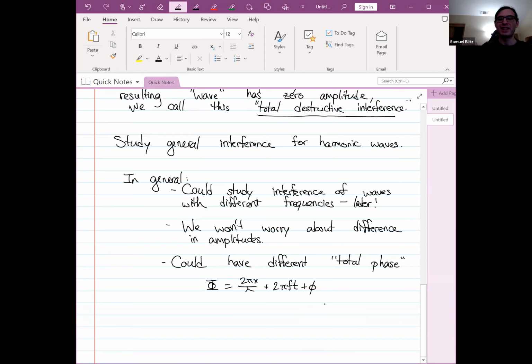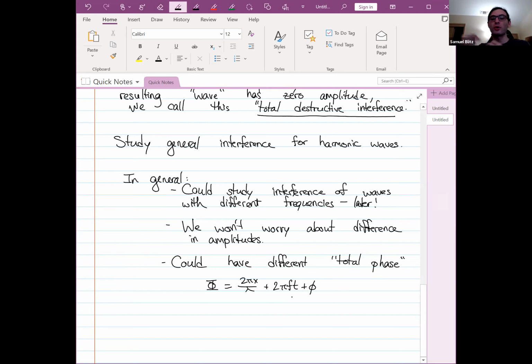And so in that case, maybe we call the first wave wave 1 and the second wave wave 2, it's a capital phi, it's a Greek letter phi. In that case, t1 would be equal to t2 minus 2 seconds.